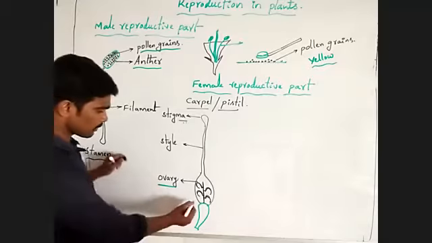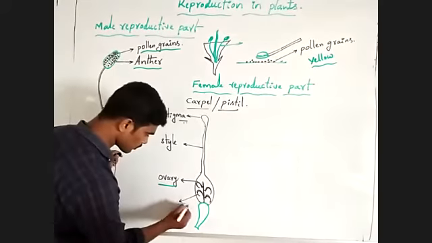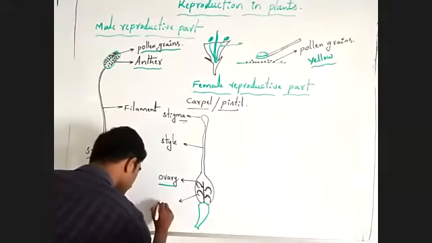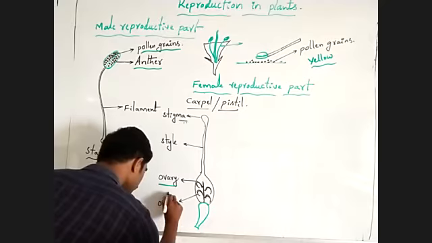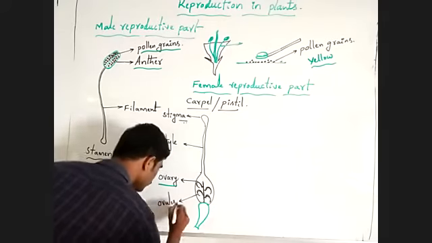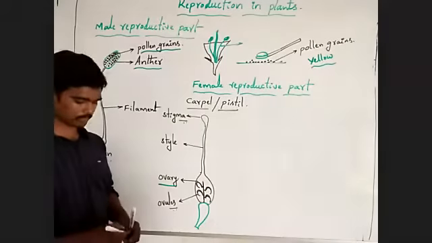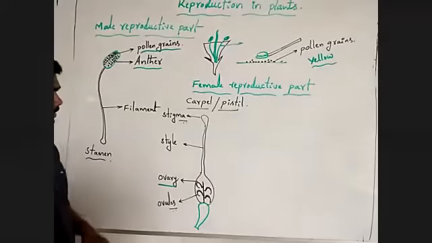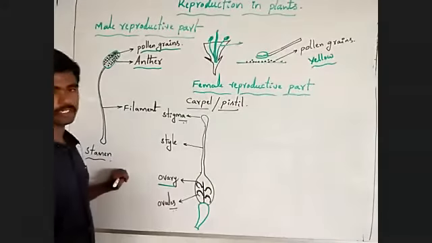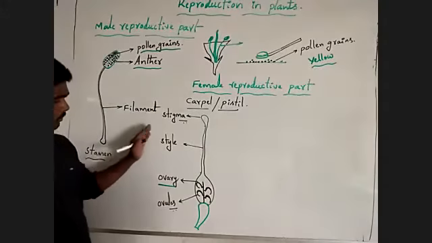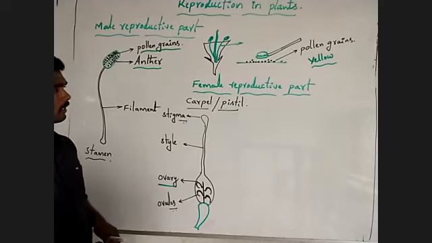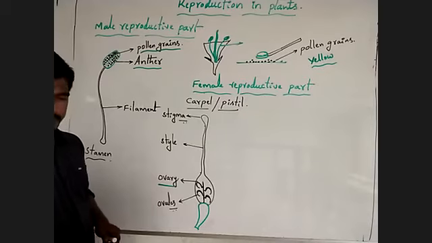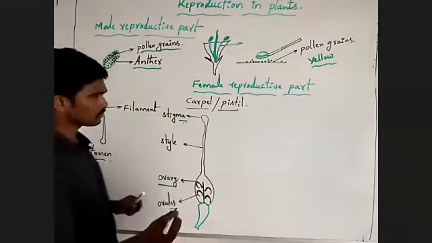These oval-shaped structures are called ovules. Observe here. These are actually ovules. Okay, remember these important parts. Understanding?